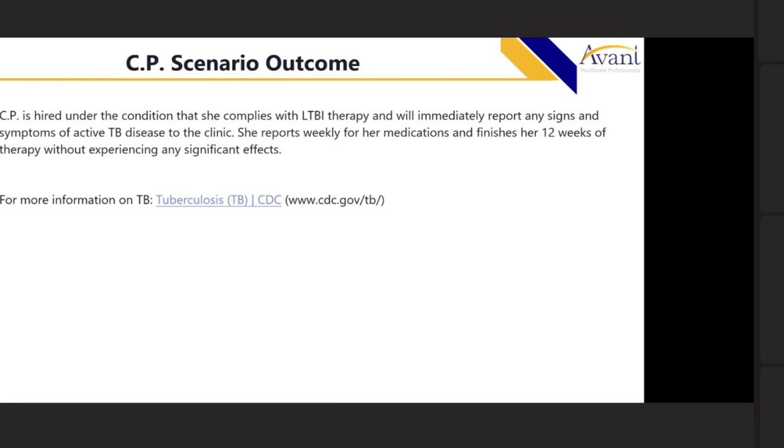If a person is positive for TB out in the community, they're given their medications, and typically we will have people be able to take their medications on their own, right? So our scenario here, that she has to come to the clinic to get her medications, is really not the way that we do it initially, right?